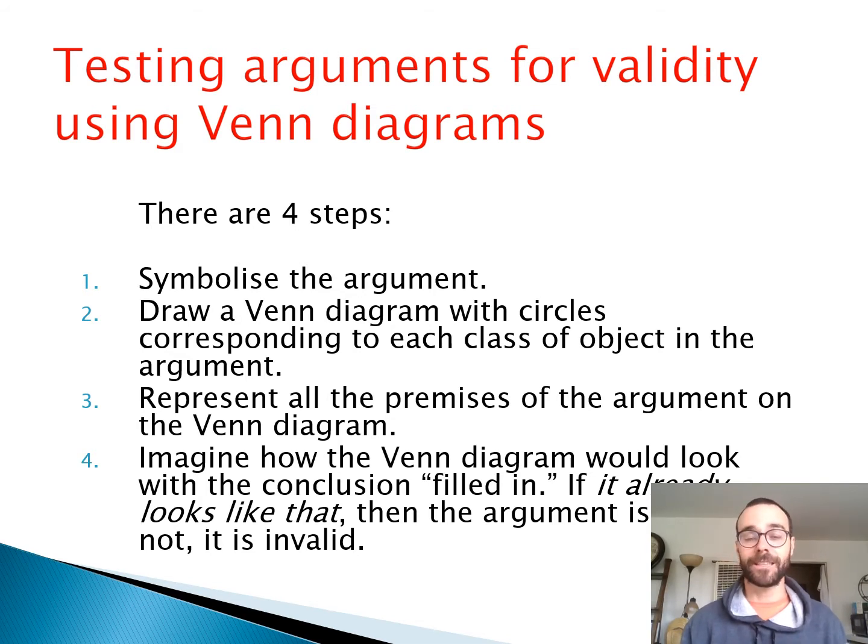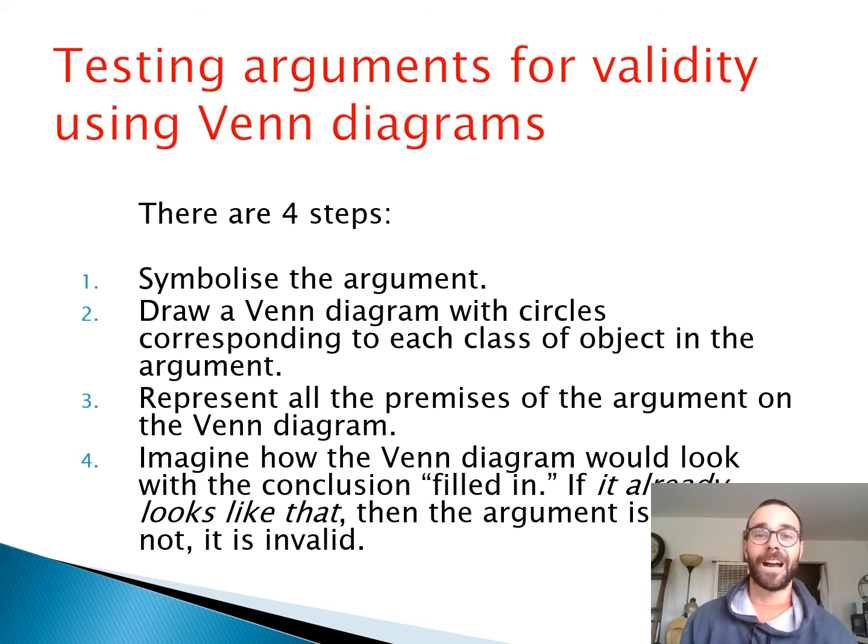You then look at the conclusion and then look at the Venn diagram and see if the conclusion is represented in the Venn diagram. If it is represented in the diagram, then I wouldn't have to draw anything else, right? The Venn diagram would depict what the concluding sentence is saying. This is a valid argument.